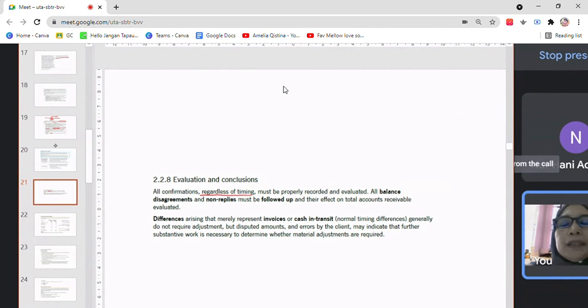All balances, disagreements and non-replies must be followed up. If you identify a disagreement or non-reply, it must be followed up and its effect on the total accounts receivable evaluated.